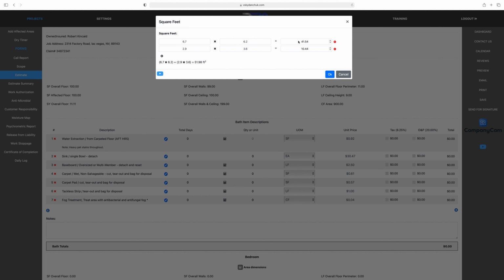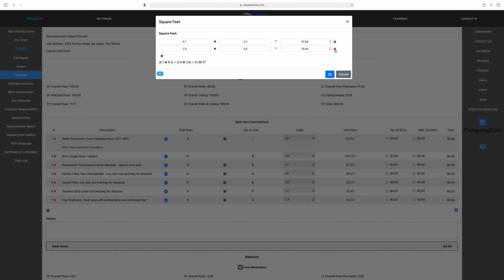And just like that, here are the two equations written out properly: 6.7 times 6.2, plus 2.9 times 3.6, and these have been totaled out to 51.98. So that's the other way you can do this with the calculator.